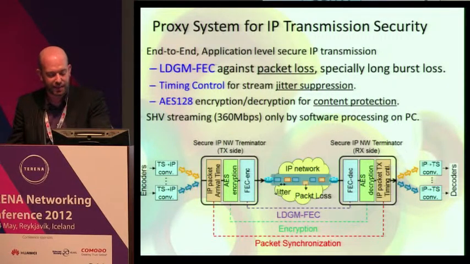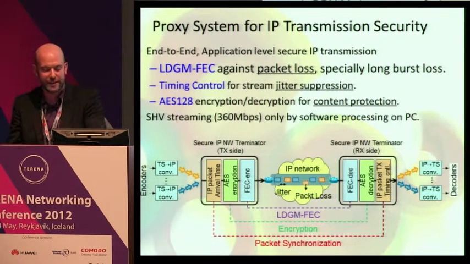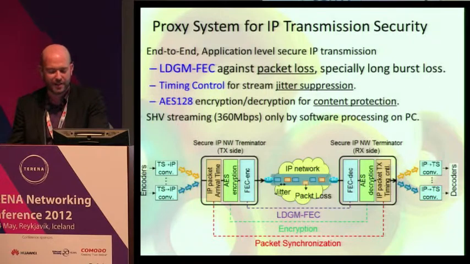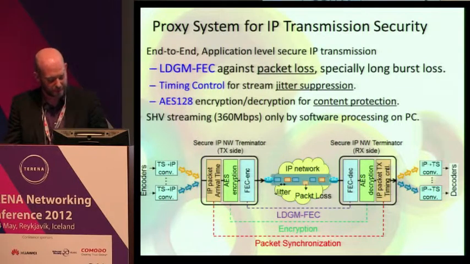The data is then encrypted, and then it runs into the forward error correction system to avoid packet loss. So the data then flows across the IP networks, is then forward error correction decoded, also decrypted for security, and then packets are put back in order and transmitted to the decoders.